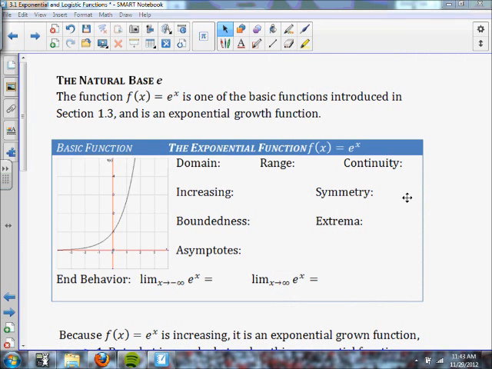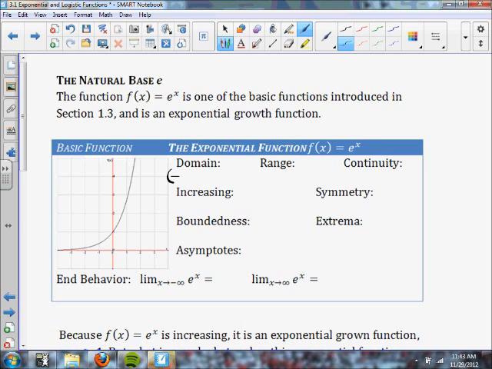All right, so the natural base e. What is the domain? Selena, what's the domain? So how else can I write that? Instead of all real numbers, I could also write it out: negative infinity to infinity. Lydia, how about the range? Am I including 0?